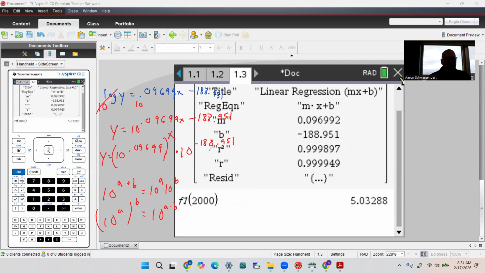This is going to be something tiny. But a normal exponential form would be, I don't know what 10 to the point zero is. Here, let's just do it.